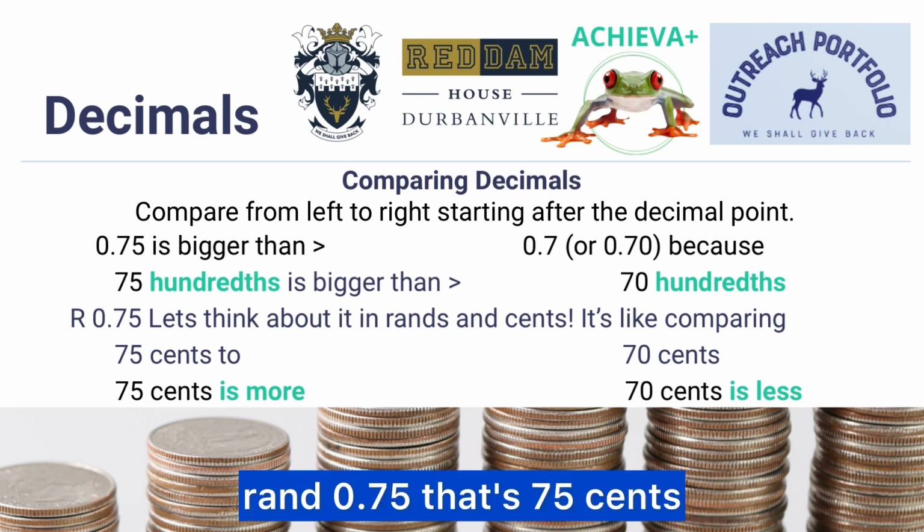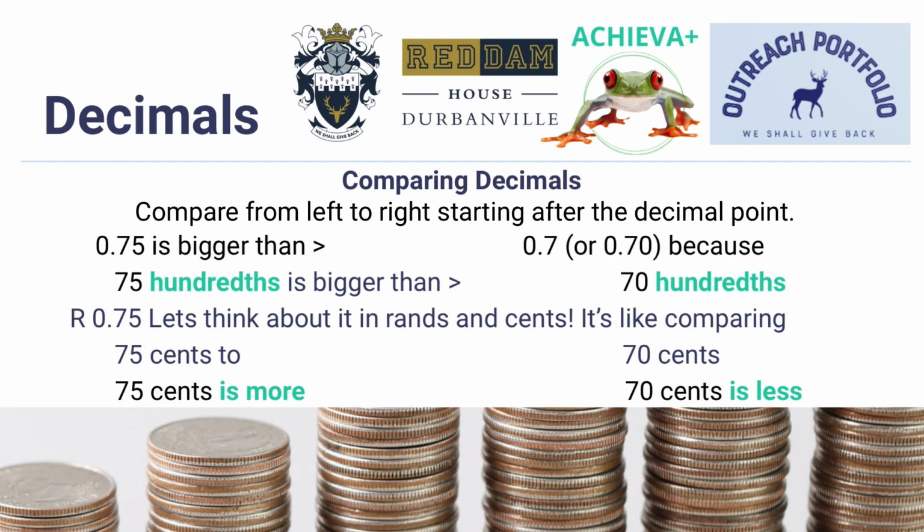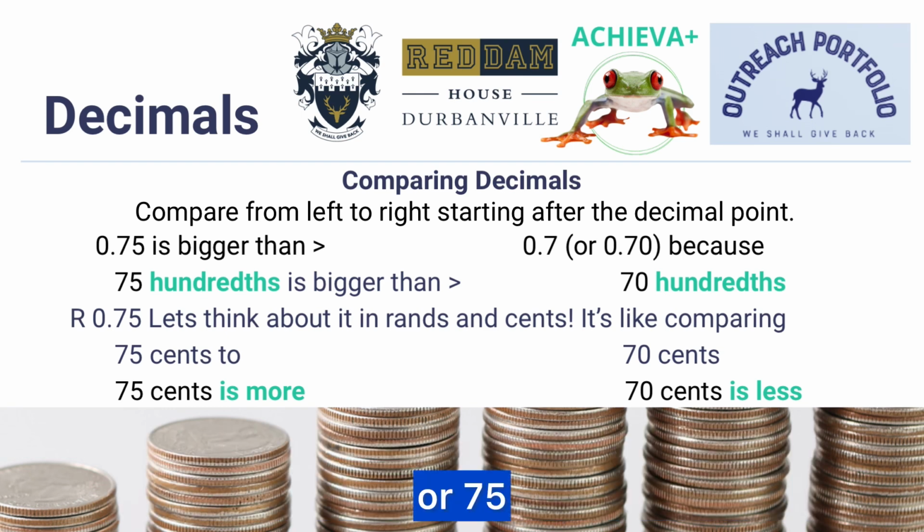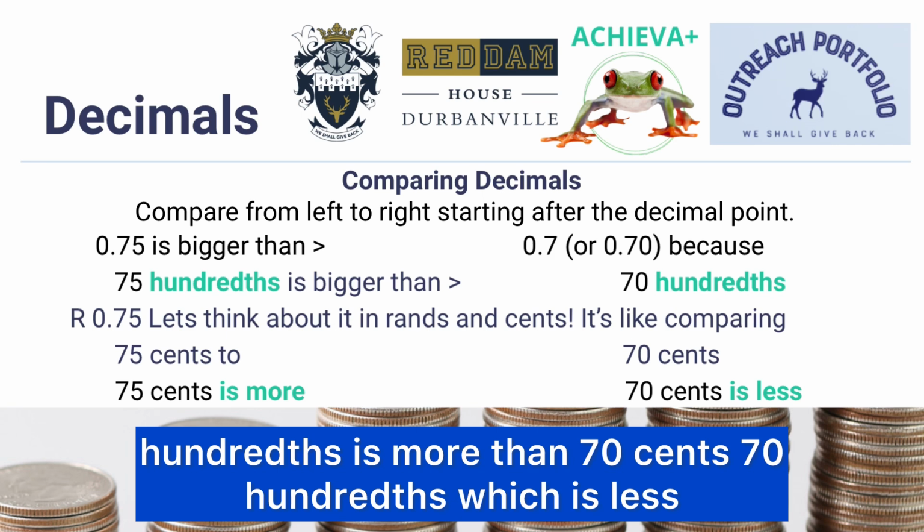So, rand 0.75, that's 75 cents. Let's think about it in rands and cents. It's like comparing 75 cents to 70 cents. 75 cents or 75 hundredths is more than 70 cents, 70 hundredths, which is less.